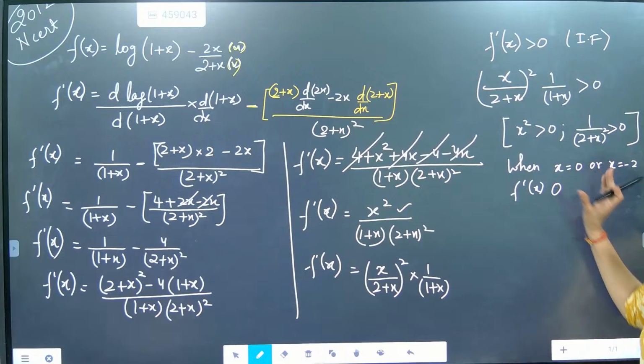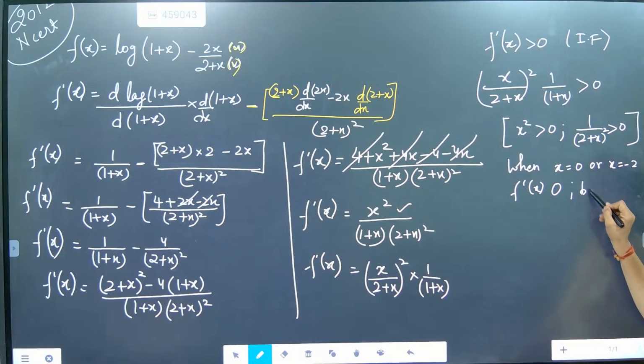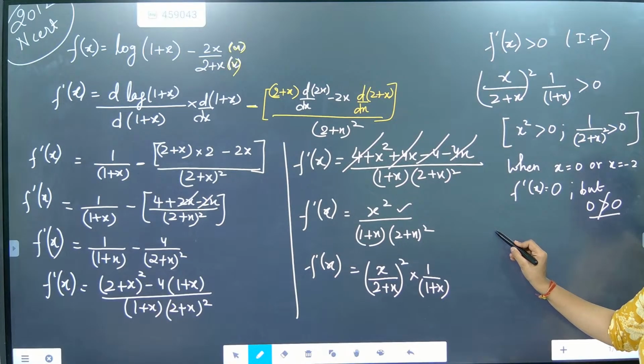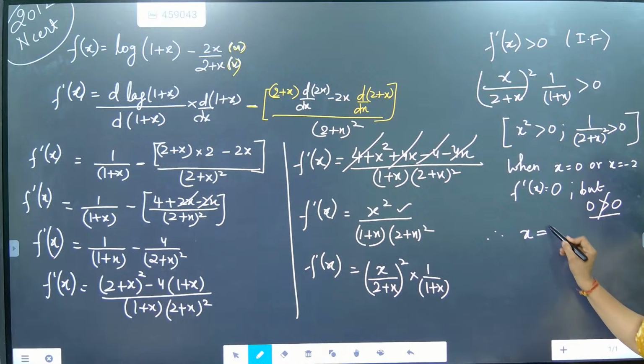Understood? But 0 cannot be greater than 0. Therefore, what is our conclusion? x cannot be equal to 0 and x cannot be equal to minus 2.